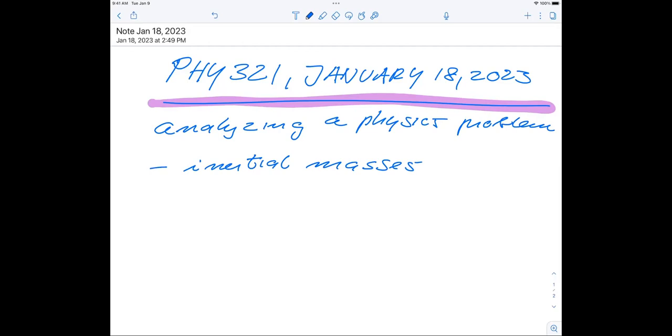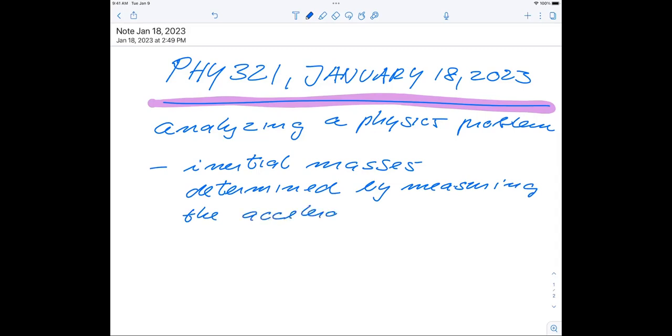So we are going to assume that the masses of the objects are determined by measuring the acceleration which we get by applying a force on a specific object.